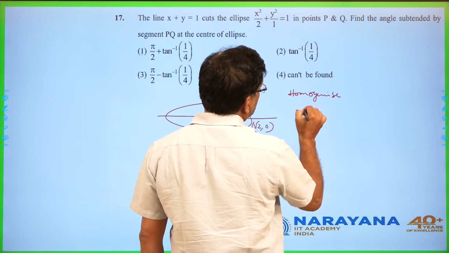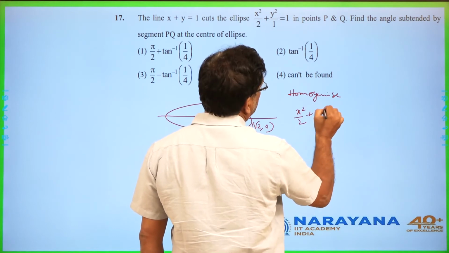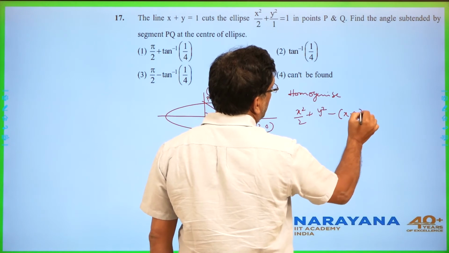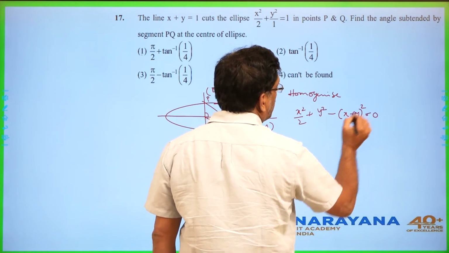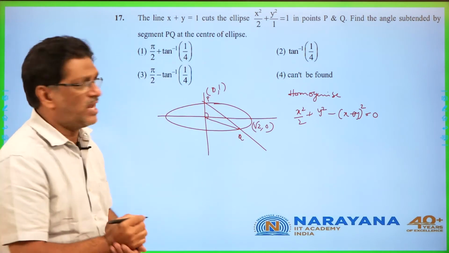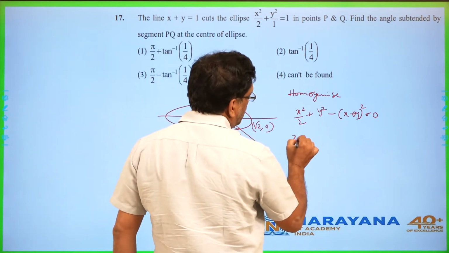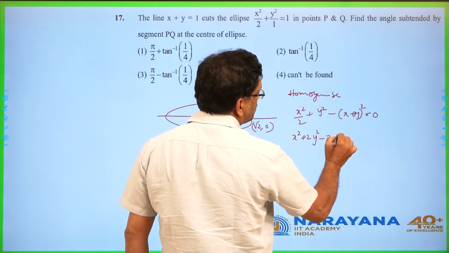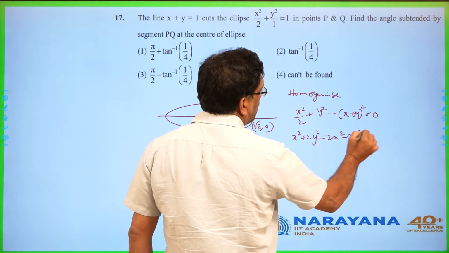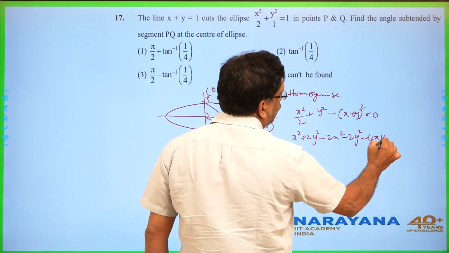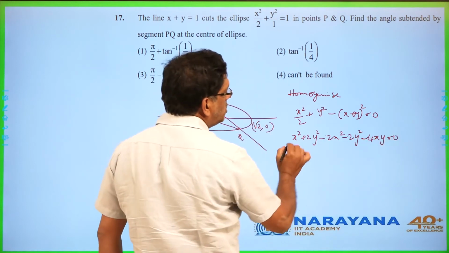So that is x square by 2 plus y square minus 1 in the sense x plus y whole square equal to 0, because x plus y equals to 1. Right? I am expanding. It is x square plus 2y square minus 2x square minus 2y square minus 2 into 2, 4xy equal to 0.